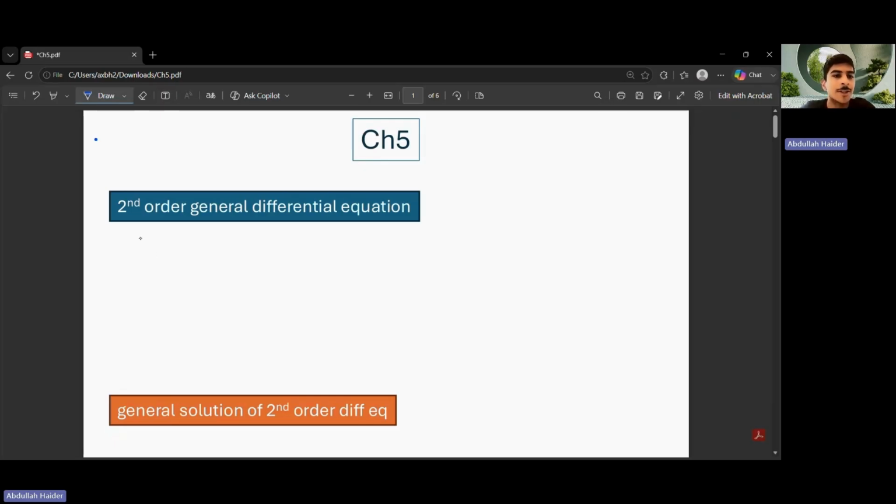A second order general differential equation is in the form a y double prime plus b y prime plus c y equals a function f(x).